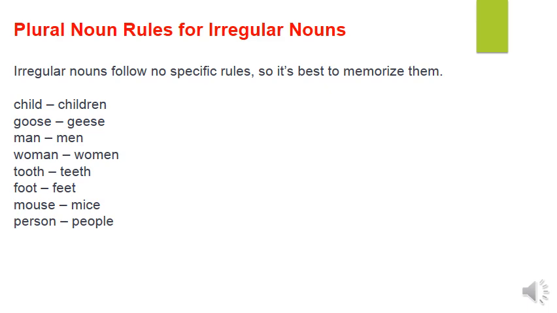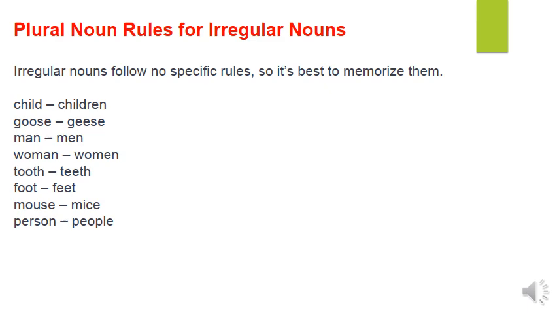Okay, irregular nouns follow no specific rules, so it's best to memorize them. These are called irregular nouns. It means these are nouns that change completely when they are changed into the plural form, like child becomes children in plural, goose becomes geese, man becomes men, woman becomes women, tooth becomes teeth, foot becomes feet, mouse becomes mice, and person becomes people.